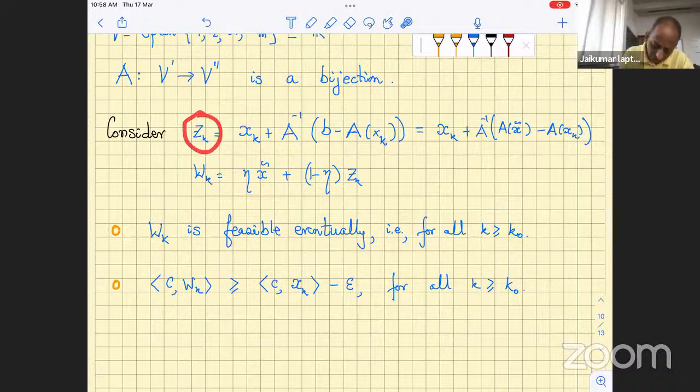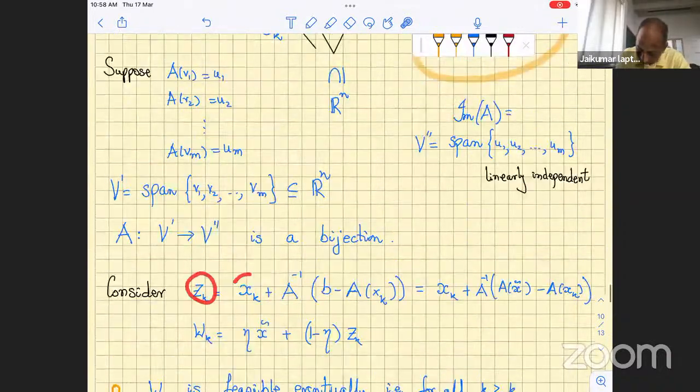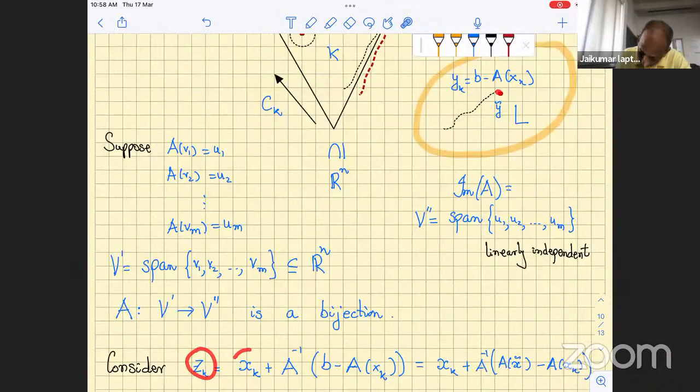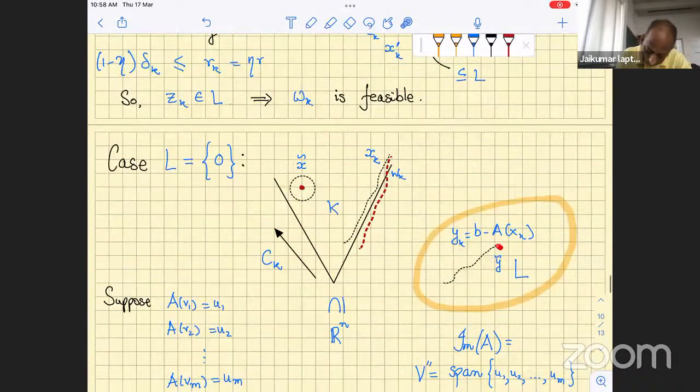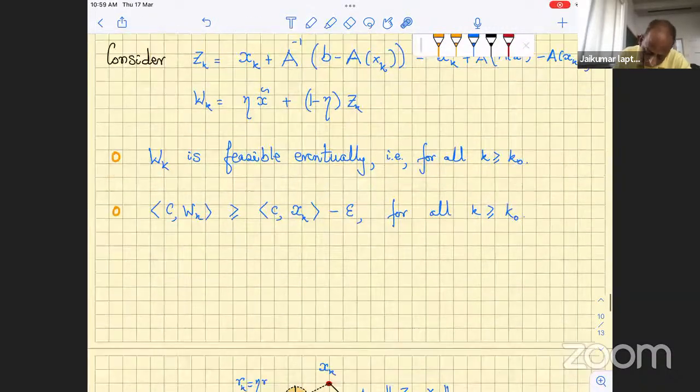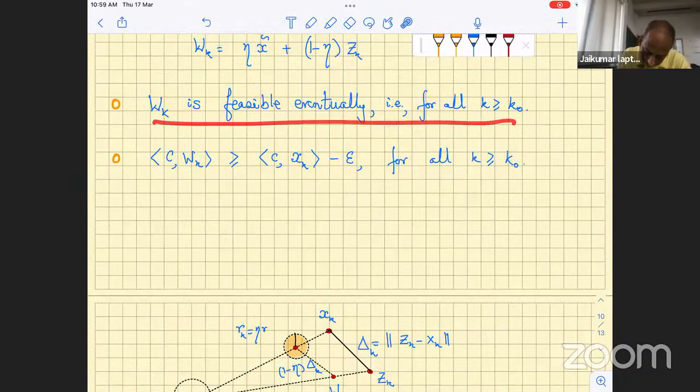So is it clear what zk was? Zk was the adjustment needed to xk so that the image of zk is y tilde. X tilde already has its image here. So if I take a convex combination, their images will always be on L. So I am safe. We need not worry about the right hand side. We only worry about the left hand side.